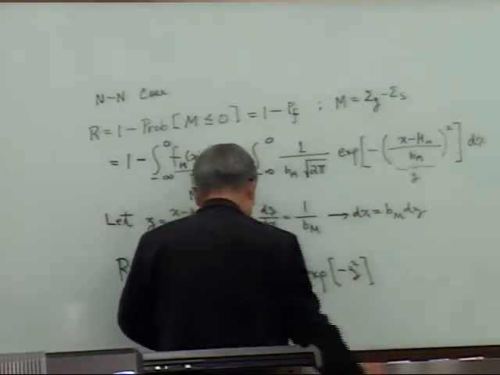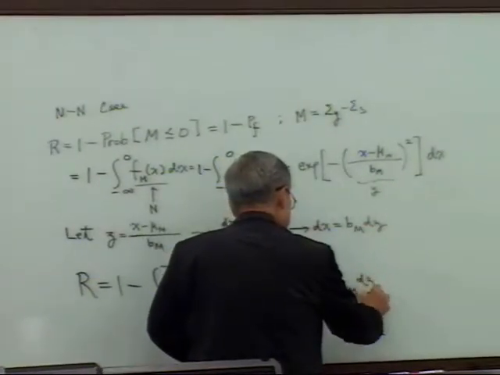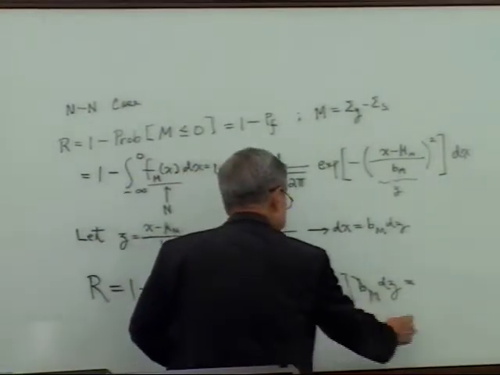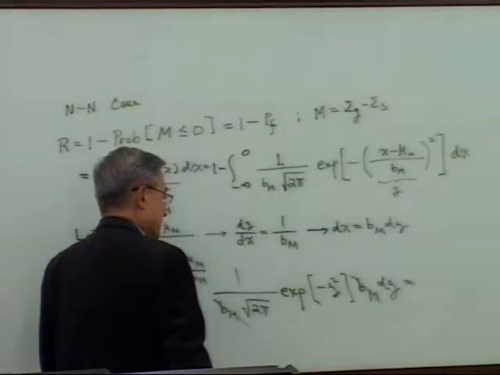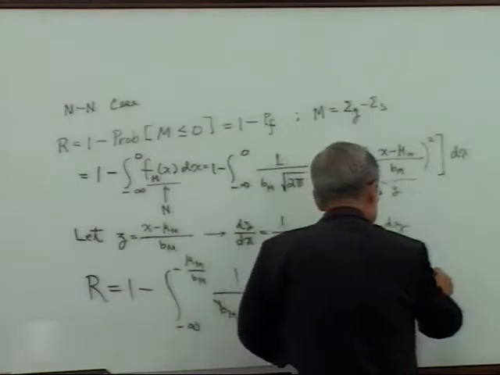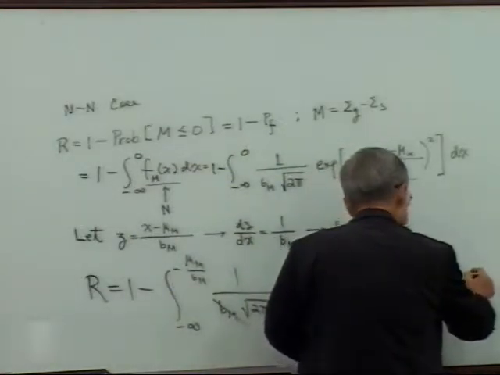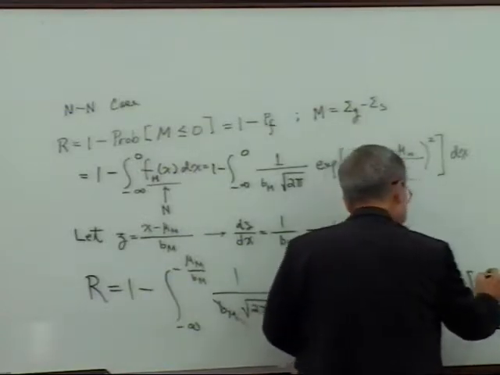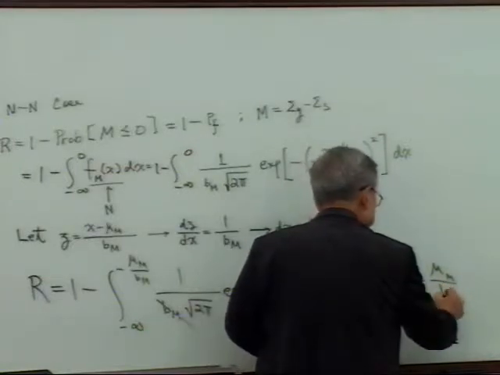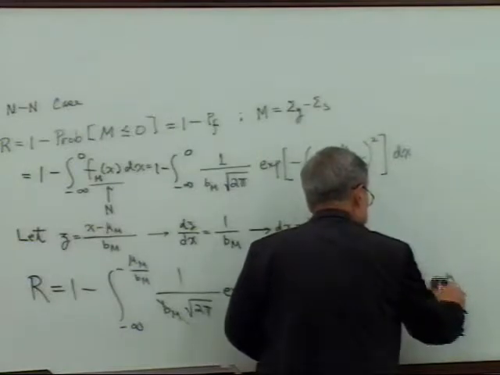I'm going to do it once again because this is so important. So sigma_M cancels out. Then you can see the standard normal distribution.